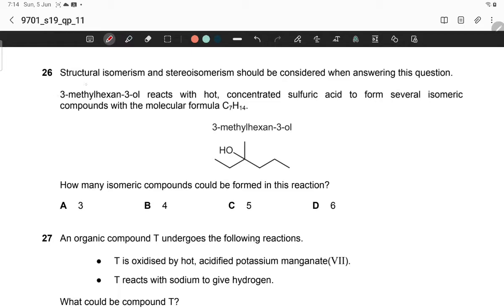Next question is 26. Structural isomerism and stereoisomerism should be considered when answering this question. 3-methyl-hexane-3-ol reacts with hot concentrated sulfuric acid to form several isomeric compounds with the molecular formula C7H14. 3-methyl-hexane-3-ol, how many isomeric compounds could be formed in this reaction?